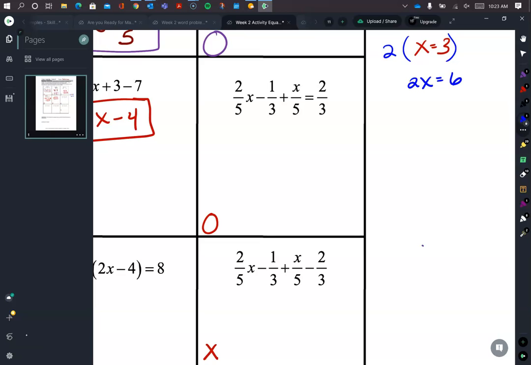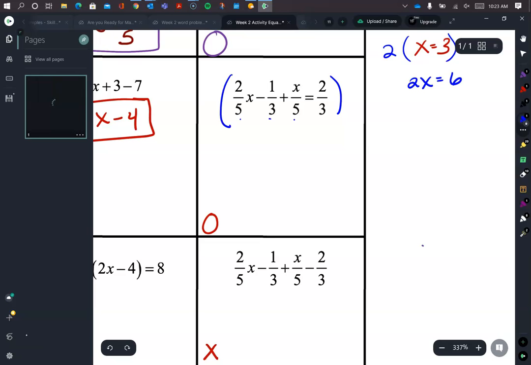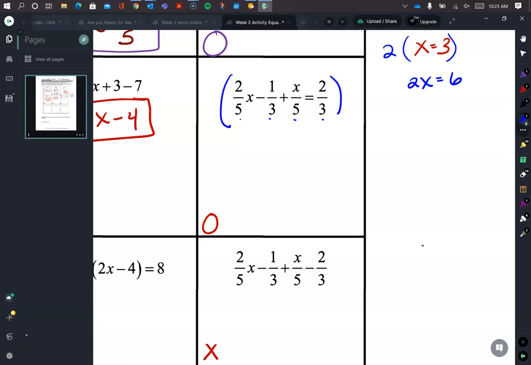So what I'm doing is making a multiple of this. I'm multiplying this entire equation by whatever all these denominators will divide into. So I'm looking for the lowest common multiple there. So you could think of it as multiplying both sides by that. That would also work over here too. If I multiply both sides by 2, I would still get 2x equals 6. And I would have an equivalent statement.